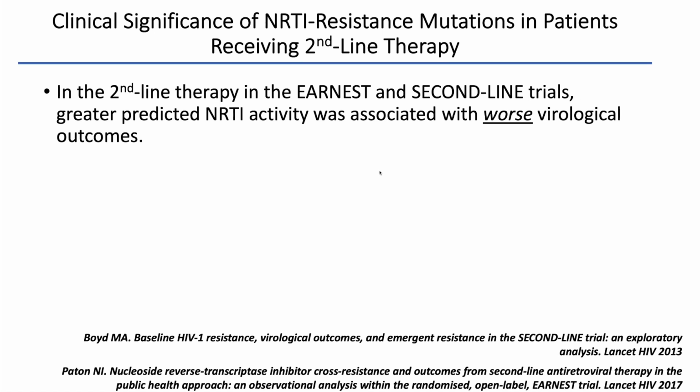Paradoxically, the EARNEST and first line trials reported that patients with fewer NRTI resistance mutations actually had worse outcomes than those with more NRTI resistance mutations when they received second-line therapy.